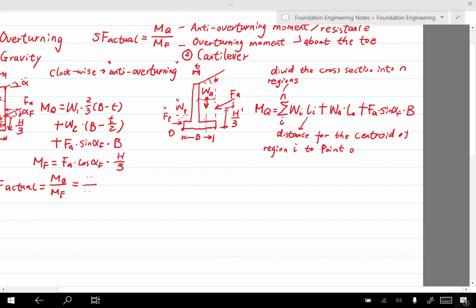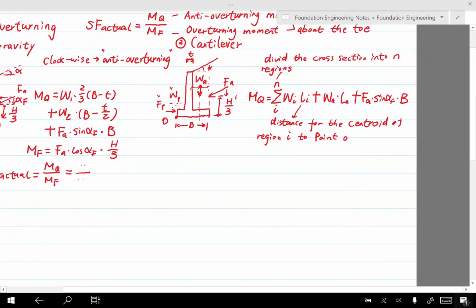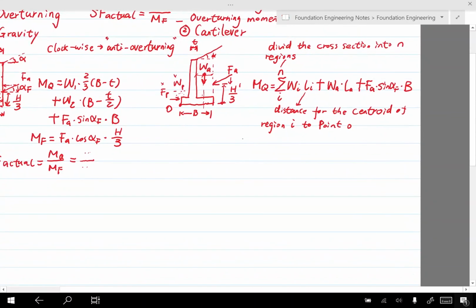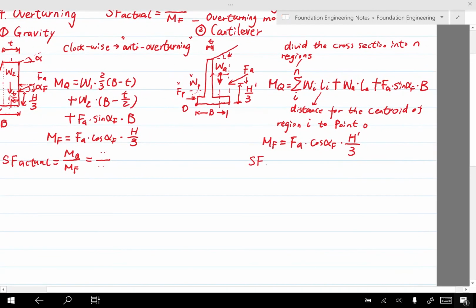The arm is just B. MF only has one contributor, that's the horizontal component of FA, FA times cosine alpha F. Then the arm of it is H prime divided by 3. So with the equations for MQ and MF, we can get the actual safety factor as MQ divided by MF.